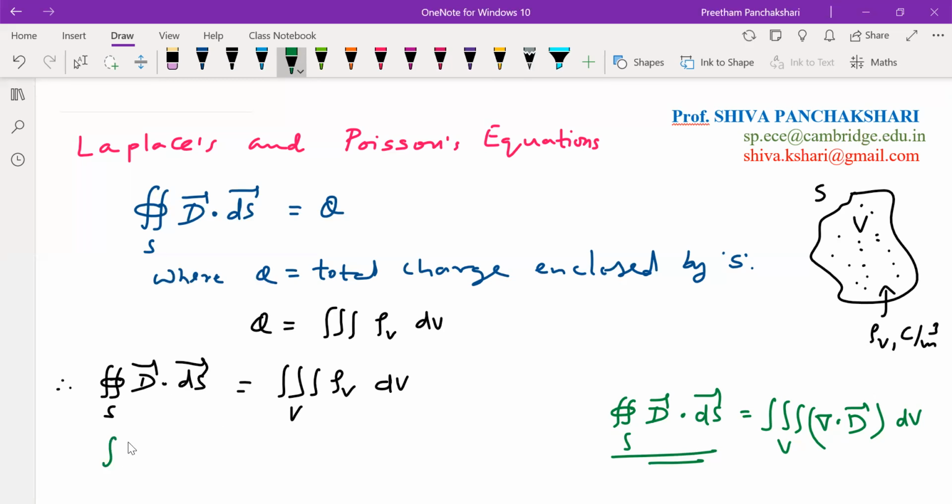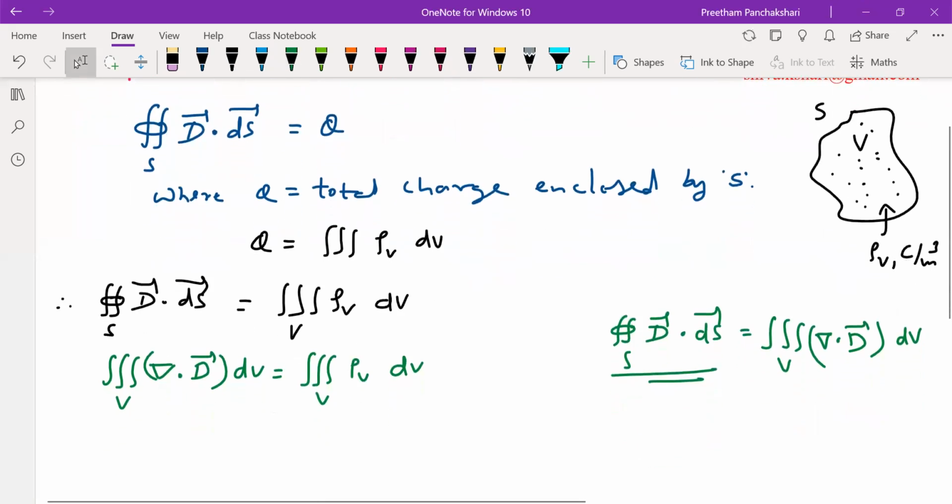Therefore, the left hand side of the Gauss law now becomes volume integral of divergence of D, which is equal to volume integral of volume charge density. The integrals are applicable to larger spaces. That means for volumes or surfaces or lines.